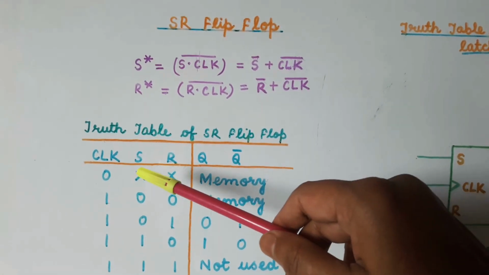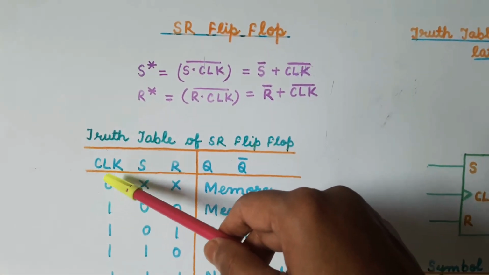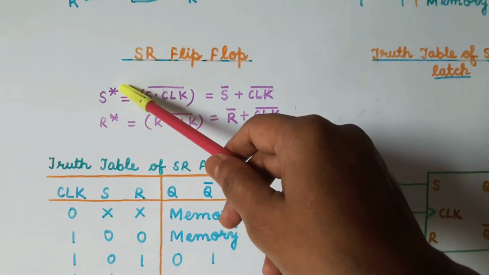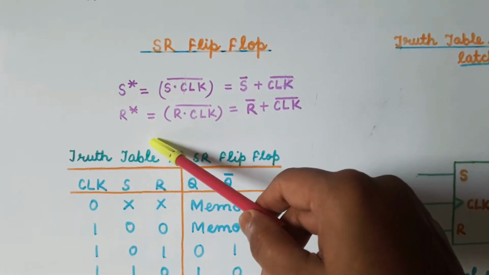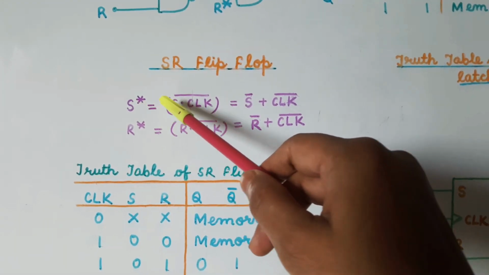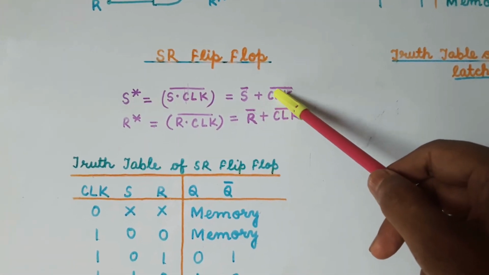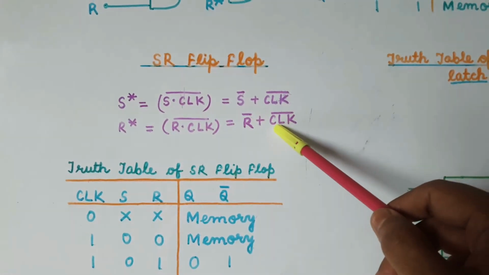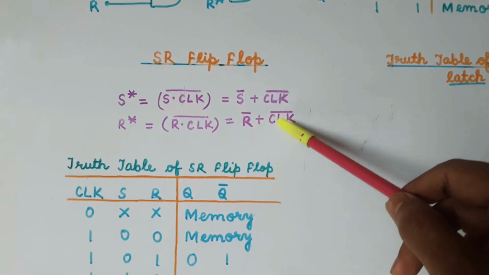Let us consider the first case when the clock is low, then what happens to S star and R star. We find that when the clock is low, that is clock is 0, then 0 complement will be equal to 1. Similarly, here also 0 complement will be equal to 1.